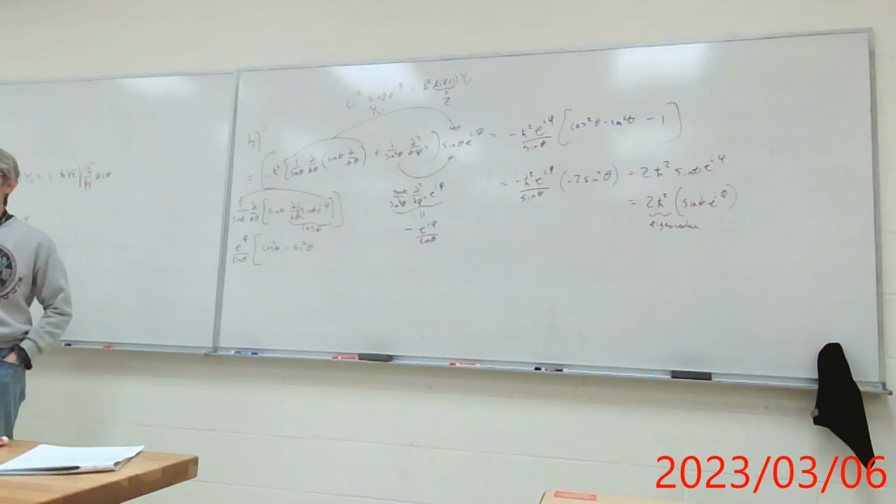We can also remember that this guy is x plus i y over r, because remember that x is r sine theta cosine phi, and y is r sine theta sine phi.